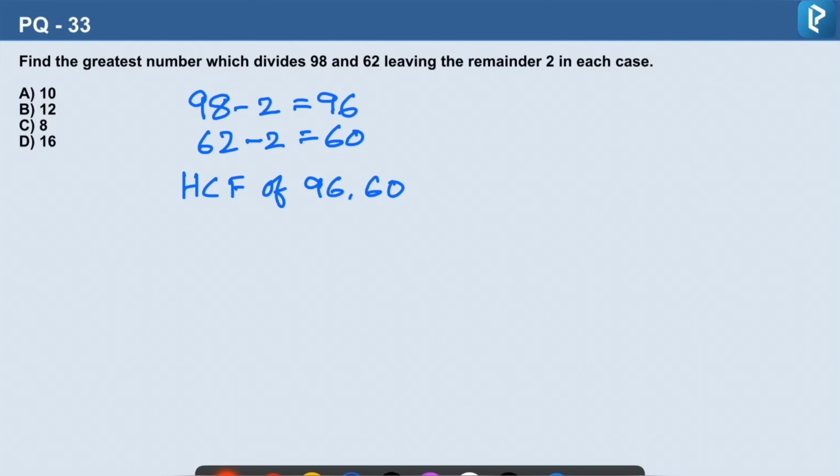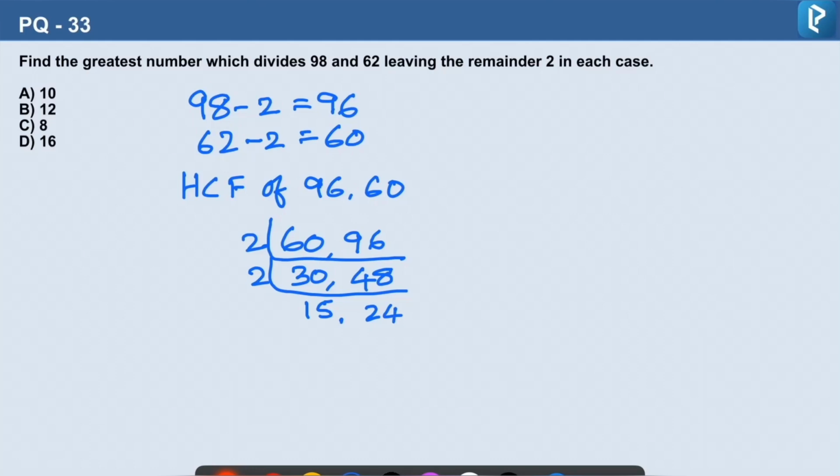Divide both by the common divisor. They are divisible by 2: 30 and 48, again by 2: 15 and 24. 15 and 24 are divisible by 3: 5 and 8. 5 and 8 are co-primes.